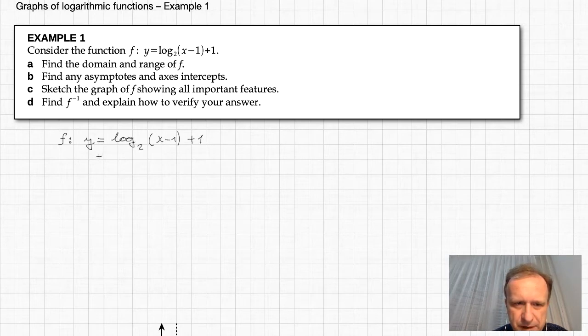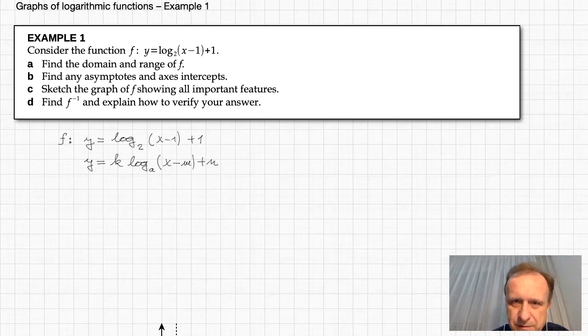Now if you compare this to the general family of functions described in the video assigned for today, you see that it should correspond to this: k times logarithm in base a of (x minus m) plus n.